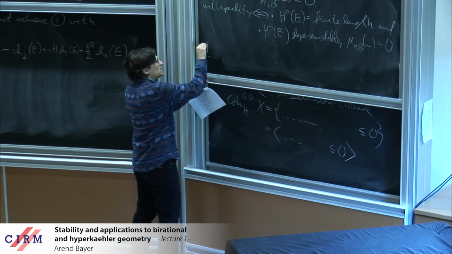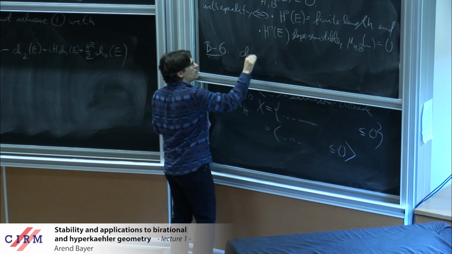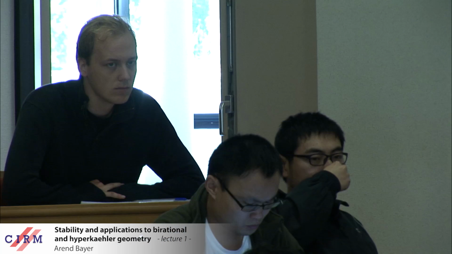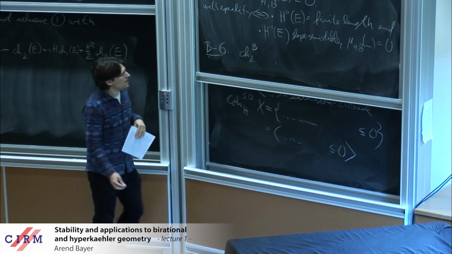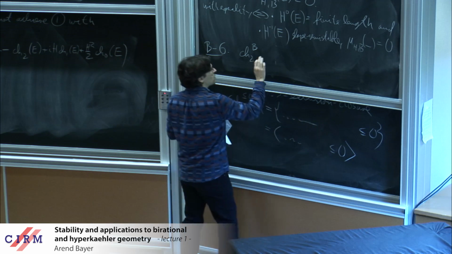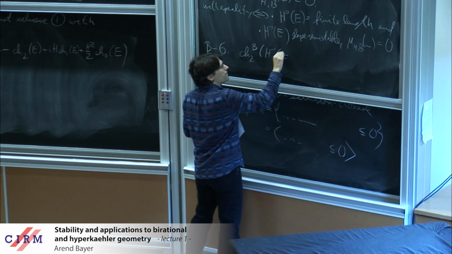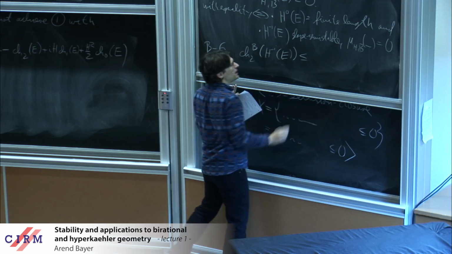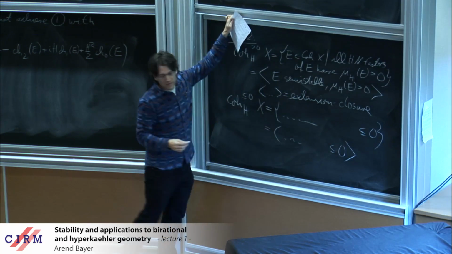And in this case, Bogomolov-Gieseker gives that Chern 2 of B. So if you use this quadratic form, twist it by B, and you also have to use the Hodge index theorem once, then you get that Chern 2^B of H^{-1} of E is less than or equal to 0.